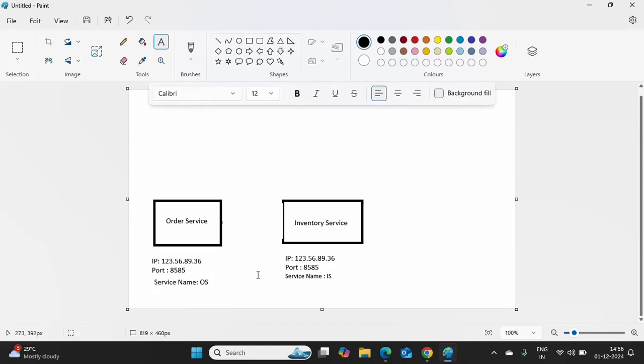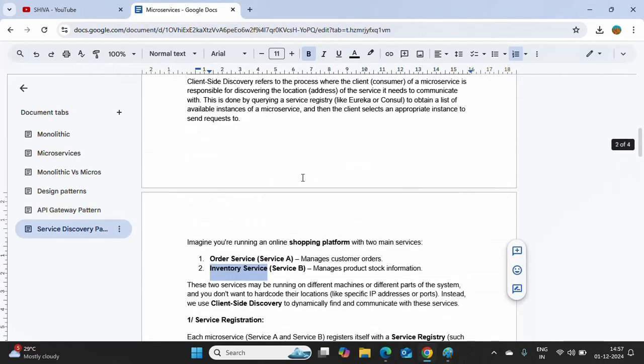Now we have two services: the order service and the inventory service. The order service is running on this server with this information and this service name, and the inventory service similarly has its details. Now let's talk about the client-side service discovery pattern.